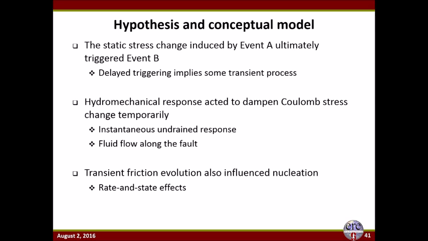And so what I proposed was that it was a hydromechanical response that may have acted to dampen the Coulomb stress change, which involved an instantaneous undrained response to the change in stress felt by that main fault, followed by transient fluid flow, which acted as a loading term. In this part of the study, we used a rate and state friction constitutive model to model earthquake rupture.